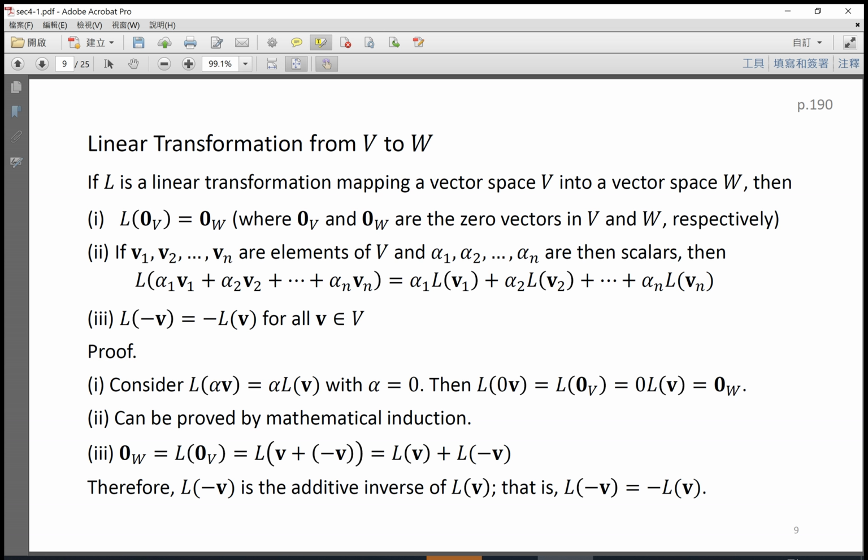If we select alpha as 0, then L of alpha v becomes L of 0 times v, and alpha times L of v becomes 0 times L of v.